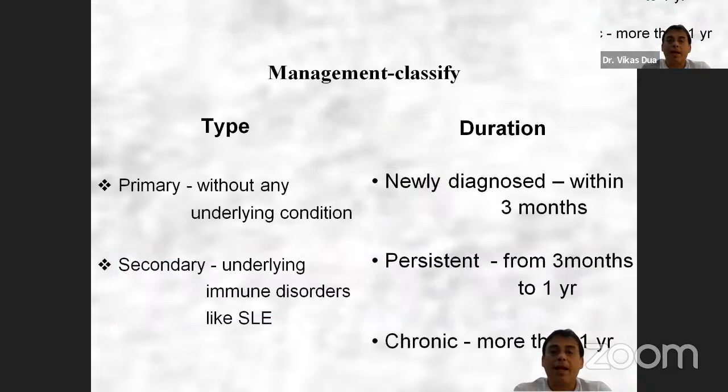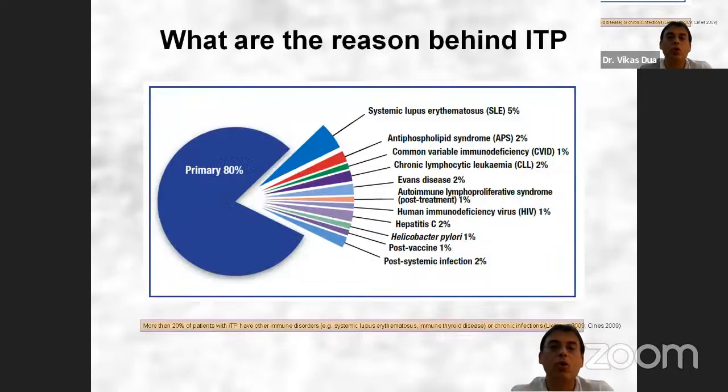Before we talk about the management, we need to know how we classify ITP. ITP is classified in two ways. One is primary, which is idiopathic, and the other is secondary, in which you have a cause. Friends, the majority of cases of ITP are primary, but very few cases can be because of a reason. A reason may be an autoimmune disorder like lupus, SLE, or the patient may have APLA syndrome.